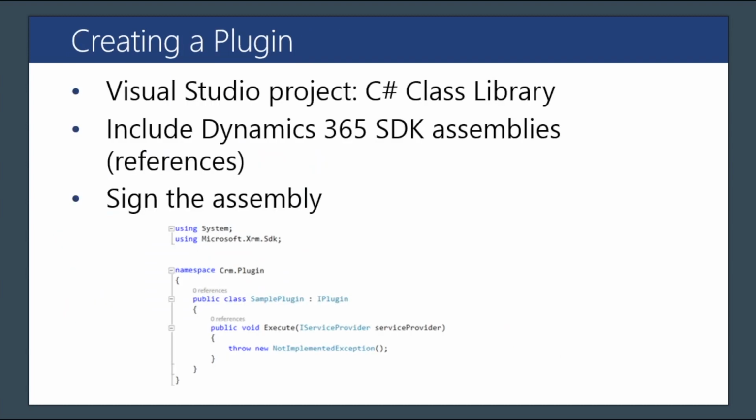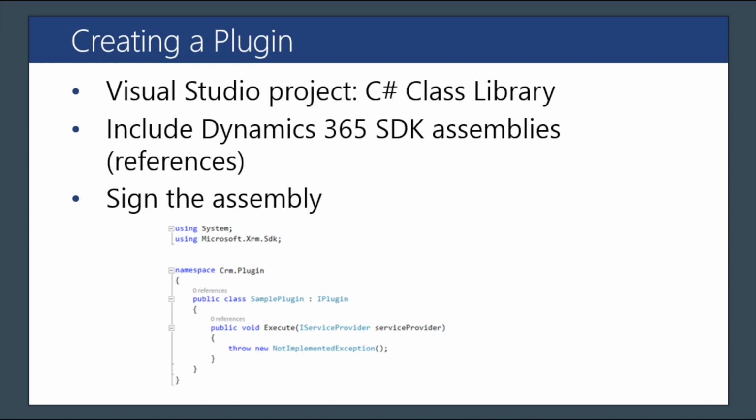So how do you create plugins? As I mentioned before, plugins are C# code, and we provide a lot of out-of-the-box assemblies to allow you to leverage and create plugins to do the things that you need to do. Use Visual Studio for that, and make sure you include all of the assemblies that provide the core code that allows you to do that.